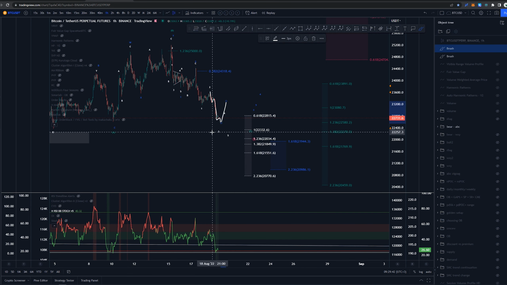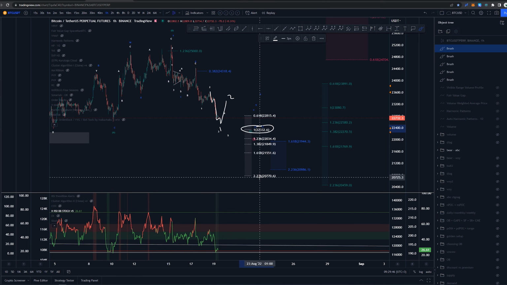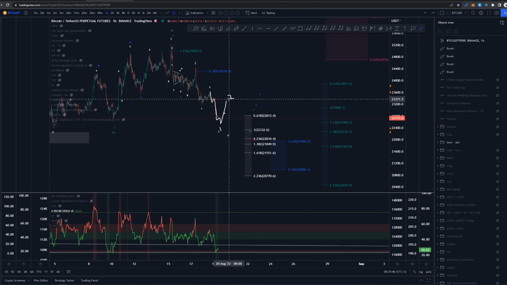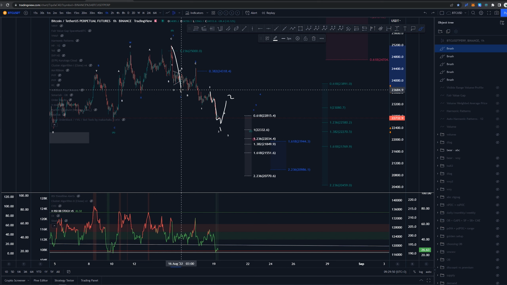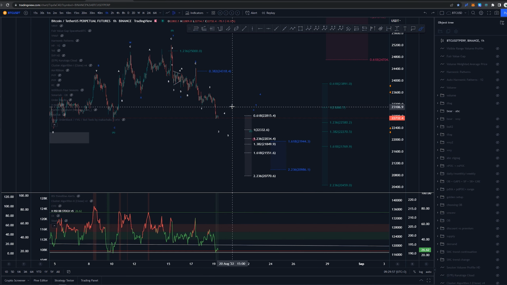Yes, it is very possible. As long as we don't take over the 1-to-1 extension, this is still very much a possibility, creating a nested pattern of 1-2, 1-2, 1-2. This would be very bearish for everything basically. 3 nested patterns in such low time frame would be creating a massive dump.